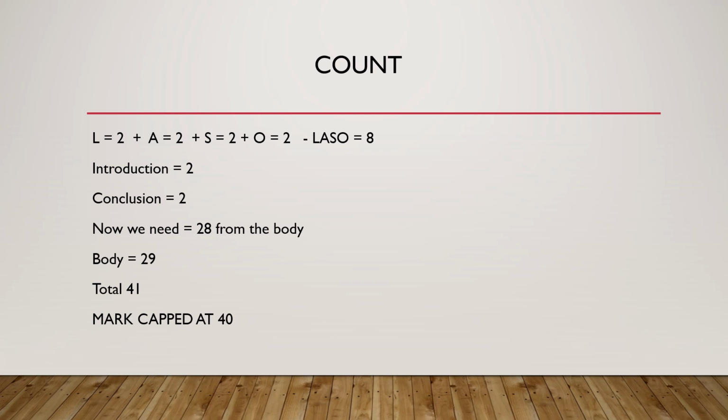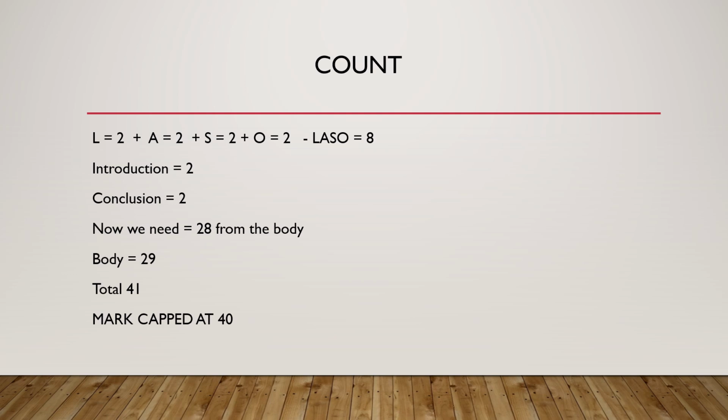And then we continue. Our introduction consisted of 1 to 2 sentences which were relevant. Then we get 2 marks for that. And then we go on to the conclusion. The conclusion was relevant, between 1 to 2 sentences. We get another 2 marks. So now we are sitting with 12 marks. In total, we need 28 marks out of the content.